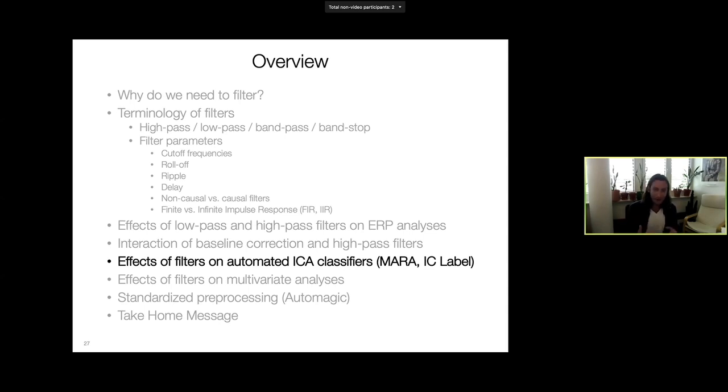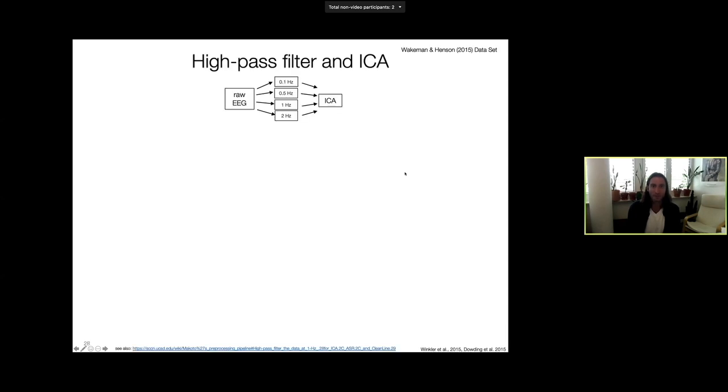And on the other hand, one of the big issues in neuroscience is that our studies are usually undersampled, and thus we need much larger samples. And it's even less feasible to do reliable and good manual artifact IC identification on large data sets. Thus, we need automated ICA classifiers. However, they have caveats, which I want to show you now in the next couple of slides.